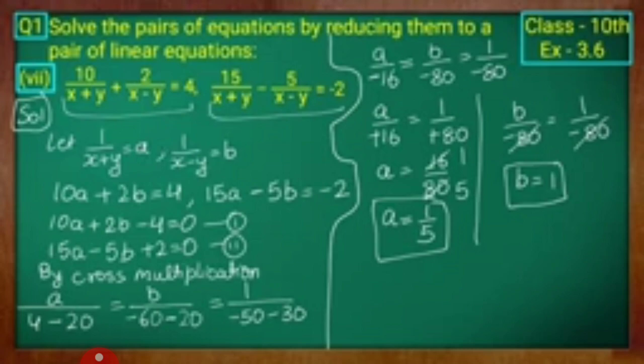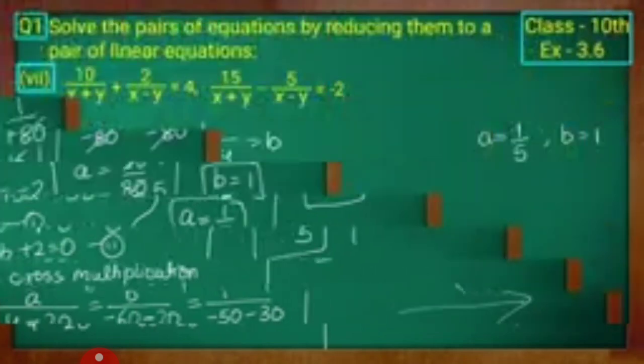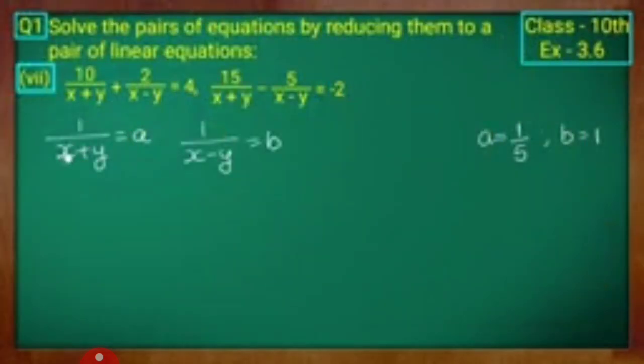Now we substitute the value of a and b, where we have assumed 1 upon x plus y is equal to a and 1 upon x minus y is equal to b. So instead of a we put 1 upon 5. So 1 upon x plus y is equal to 1 upon 5. Now by cross multiplication or by taking the reciprocal of both sides, it will be x plus y is equal to 5.